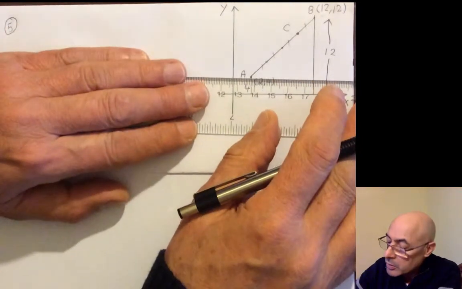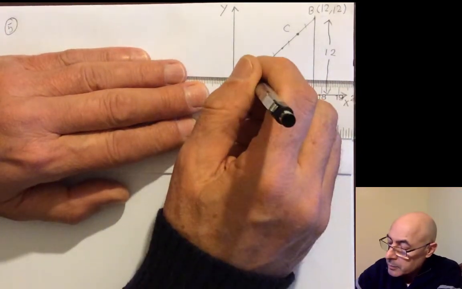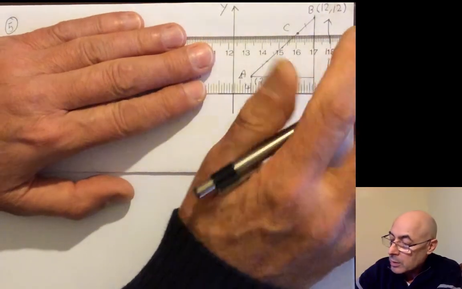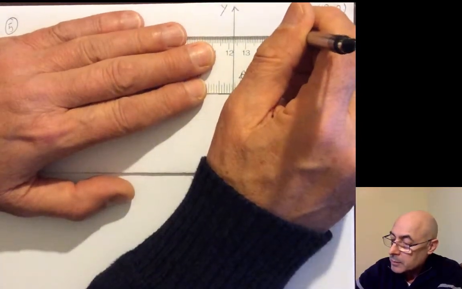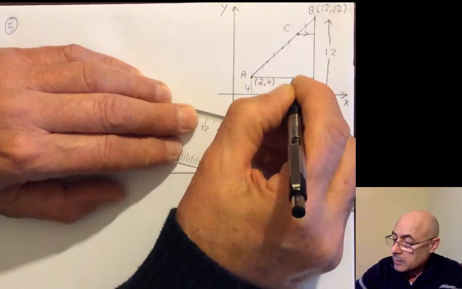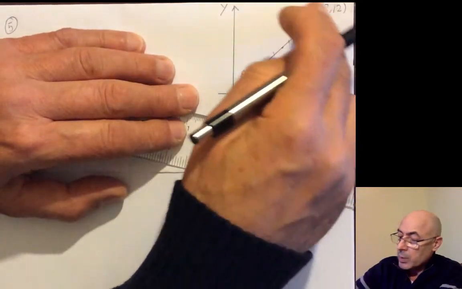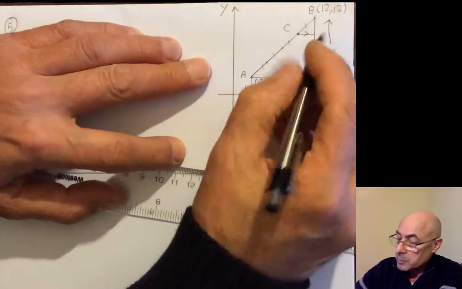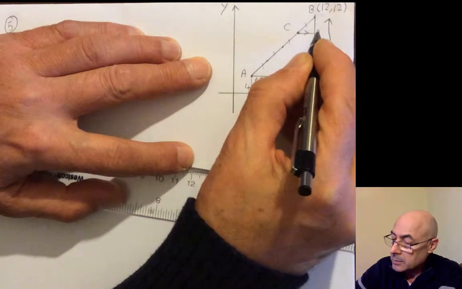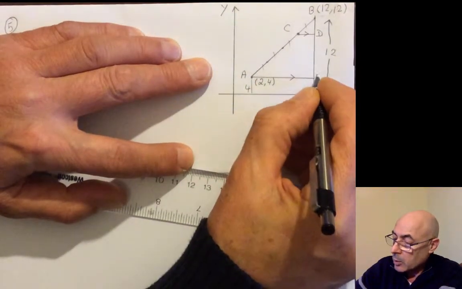We're going to draw a horizontal line over here, and we're going to draw another horizontal line over here. So now we have two parallel lines, so we can write a proportion. I'm going to call this point D. I'm going to call this point E.